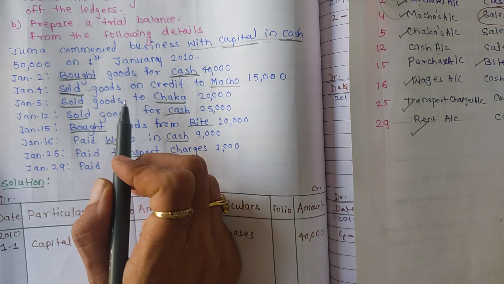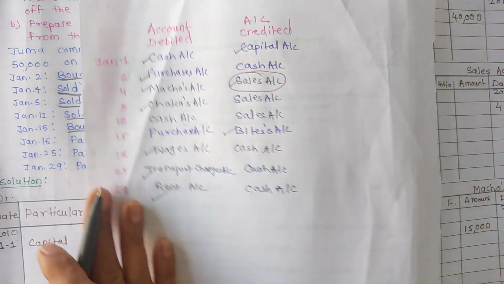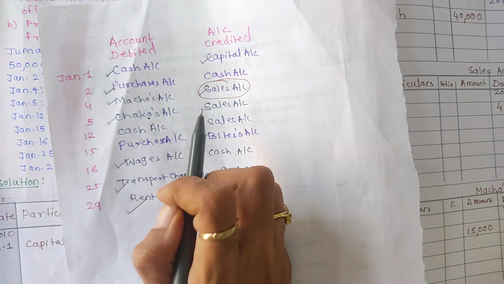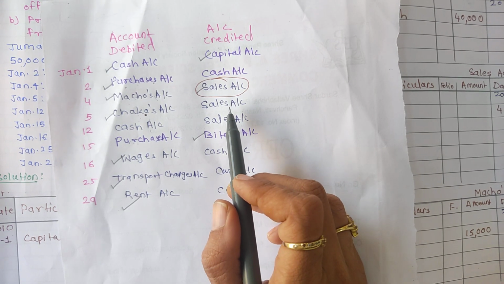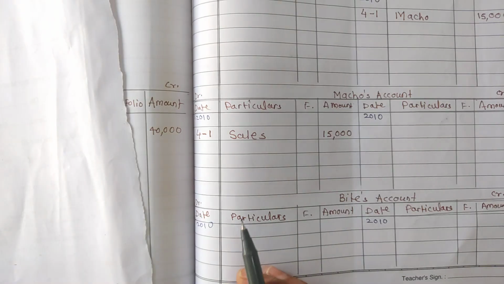Now the entry on the 5th January. On the 5th January, it is sold goods to Chaka. For the sold goods to Chaka, who is the receiver of the goods? Chaka. So Chaka's account is debited. And sales account is nominal account. Sales account is credited. So in the Chaka's account, entry will come on the debit side.